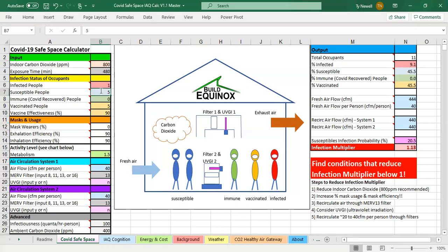I get down to 3, where now 70% of that indoor space have 90% protection through the vaccine. And look what happens. I've hit herd immunity. Somewhere between 50% and 70%, just as you've been hearing on the news, when we hit that level of vaccination, we've hit herd immunity.